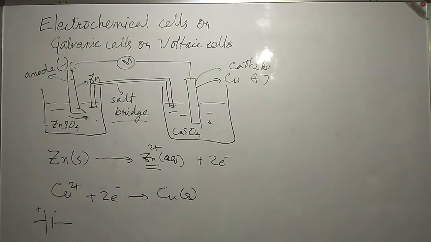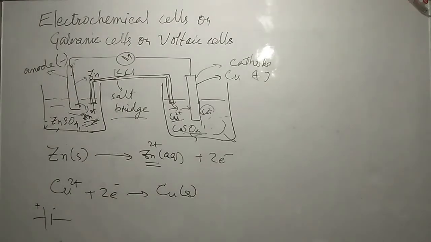Now the two containers involving oxidation and reduction half reactions are called half cells. The zinc rod dipping into zinc sulfate solution is called the oxidation half cell, and the other one is called the reduction half cell. Moving on to the next one, the salt bridge.